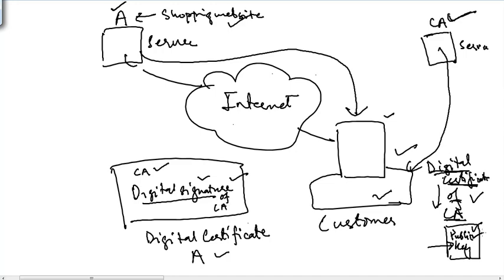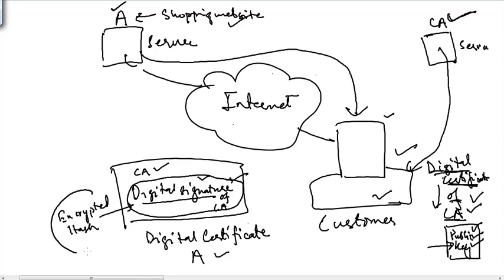So using this public key, what are we going to do? Remember, a digital signature is basically an encrypted hash, right? A digital signature is an encrypted hash. So using the public key from the digital certificate of the CA, we are going to decrypt this hash value, right, and obtain the hash value as plain text now.